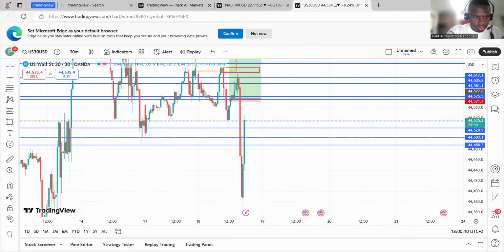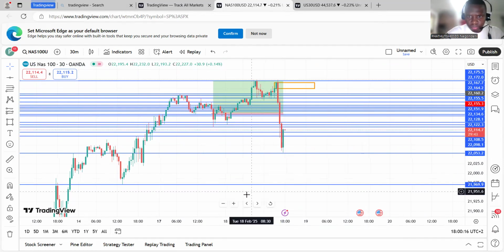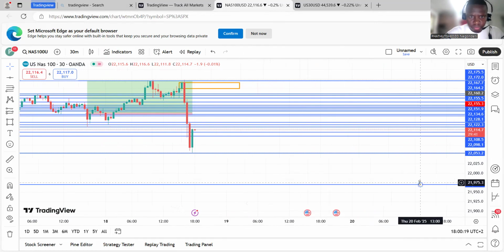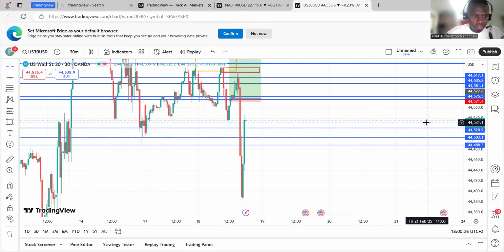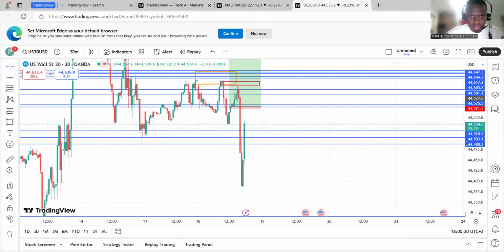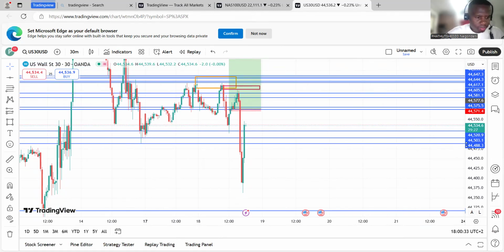They gave me a loss of like, okay, let me see Nasdaq. Let me see Nasdaq. So let me see the loss of this whole candlestick on US30. Guys, I'm trying to calculate how much loss I will take if I take this buy on US30.